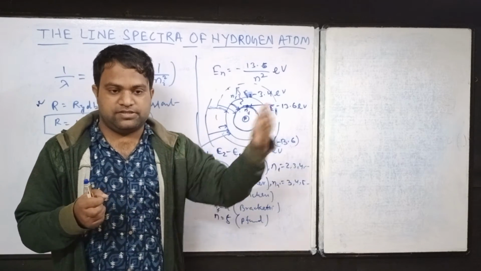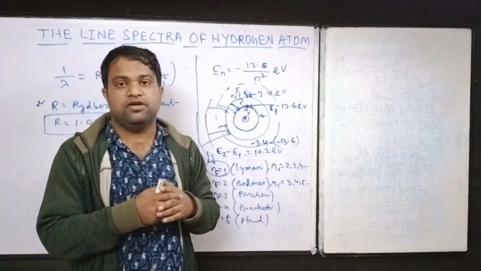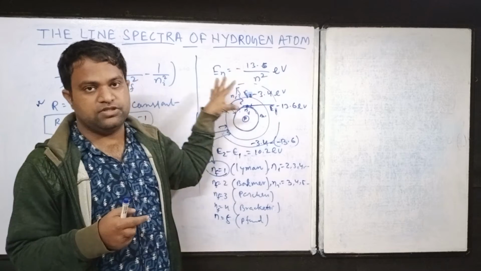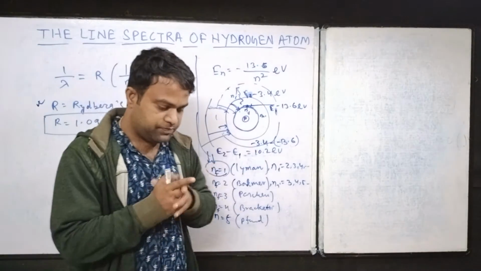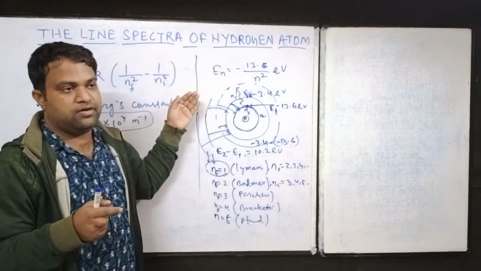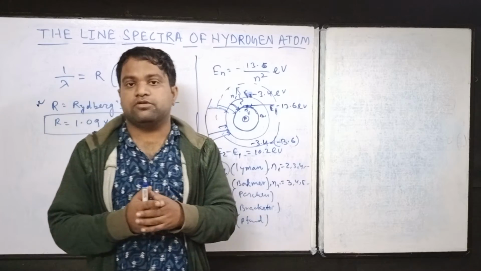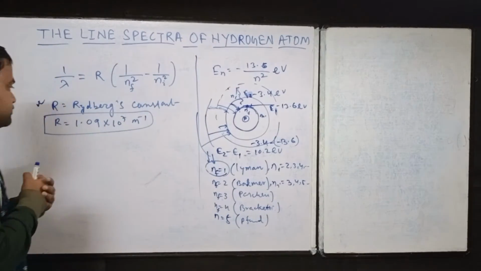The beginning of discreteness started from this, and more proof came out with Bohr's model. Also, for his discovery, Bohr's model, he got the Nobel Prize in 1922.